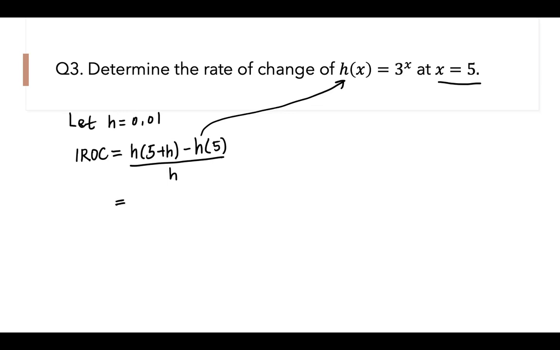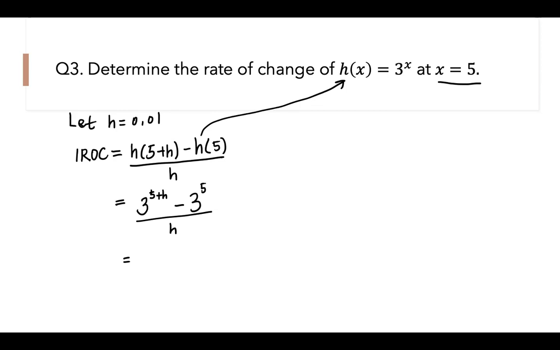So we're going to plug in 5 plus h into my variable x, so it's 3 to the (5 plus h) minus 3 to the 5 over h. But we know what h is going to be.